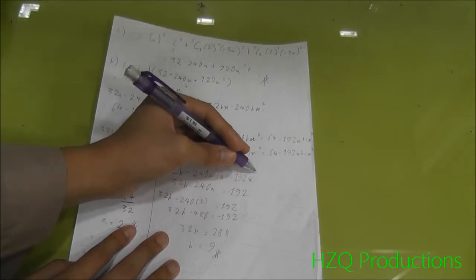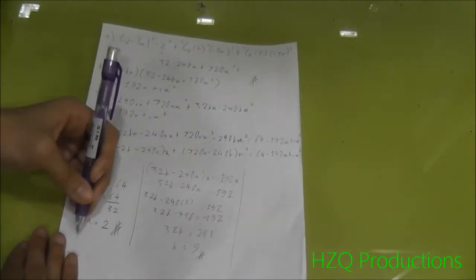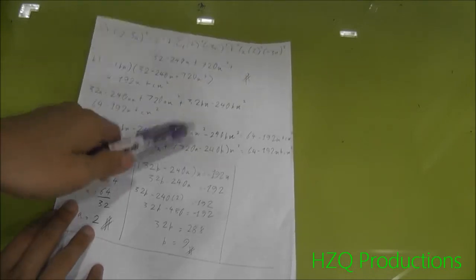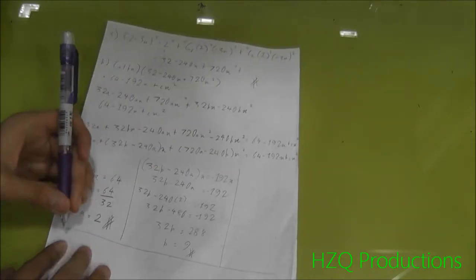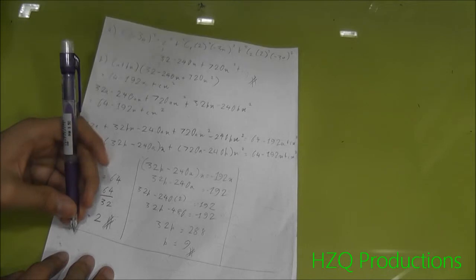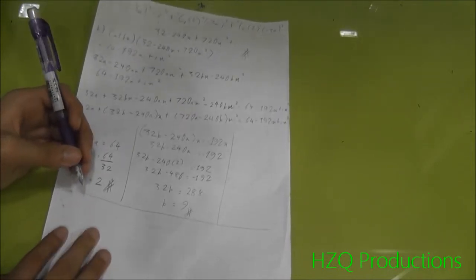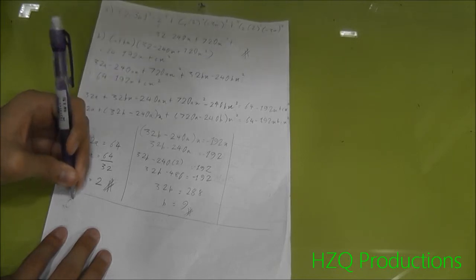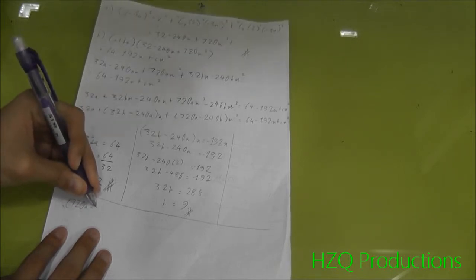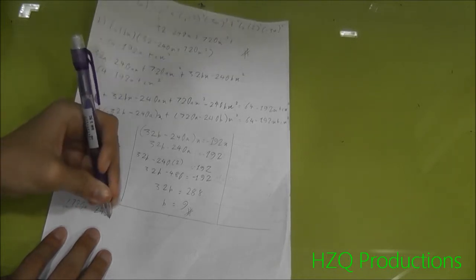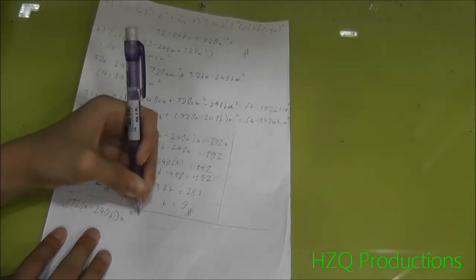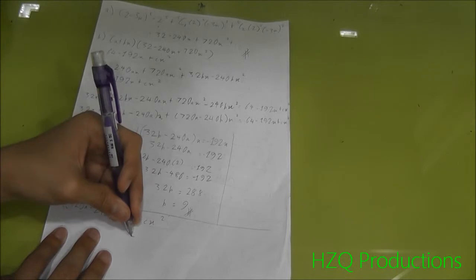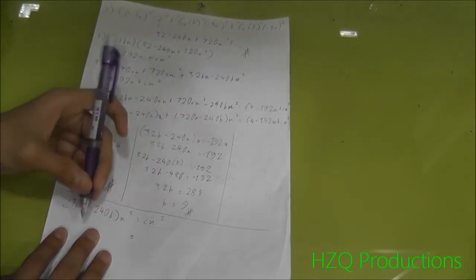Okay, finally c. You need to use this one. Finding c is absolutely easy because you found a and b. So 720a minus 240b equals cx squared. You can simply delete the x squared because it's the same.